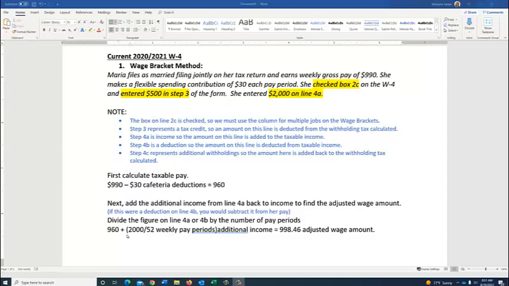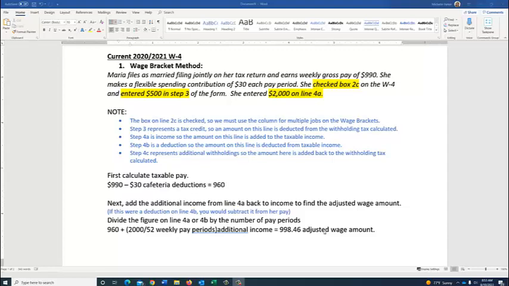So we're going to add the $38.46 to the $960, and that will give us an adjusted wage amount for Maria of $998.46. Since this is the only adjustment to income she has, we can go right over to the wage brackets now and figure out what her federal withholding will be.